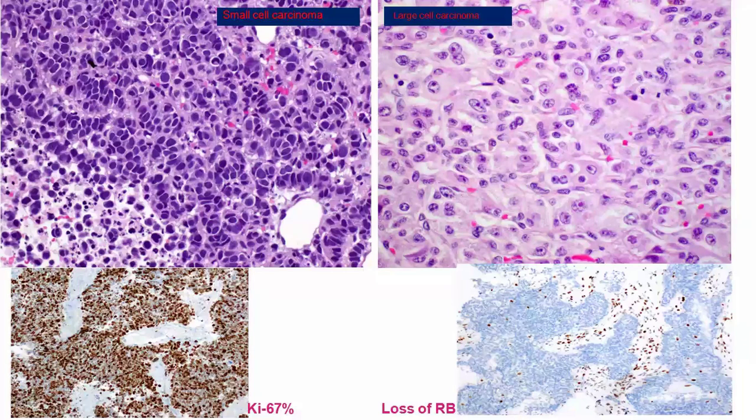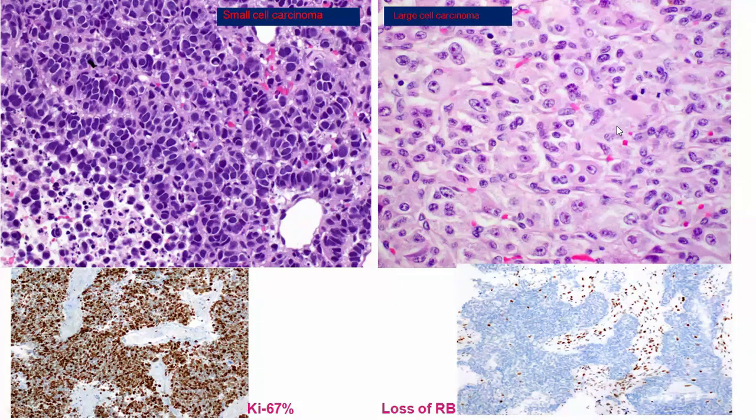This is the histopathology of the small cell and the large cell carcinomas. The small cells, microscopically, have a high NC ratio, dark nuclei, and hardly any cytoplasm around them, and they show molding as well. High grade features such as punctate necrosis and mitosis are readily identifiable.